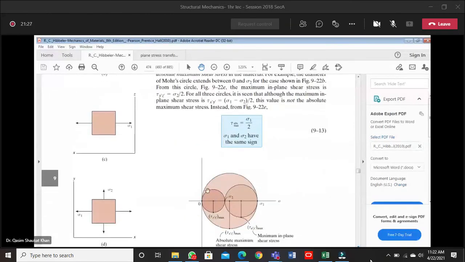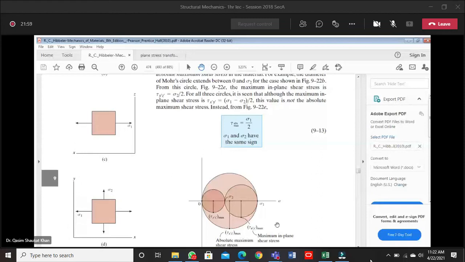This one circle, and this larger outer circle, second scenario, that is this one, x and z. And maximum shear stress is tau x dash z dash maximum, whose magnitude will be sigma 1 minus 0 over 2. You will get this value.